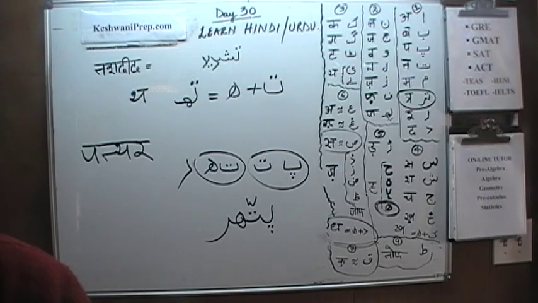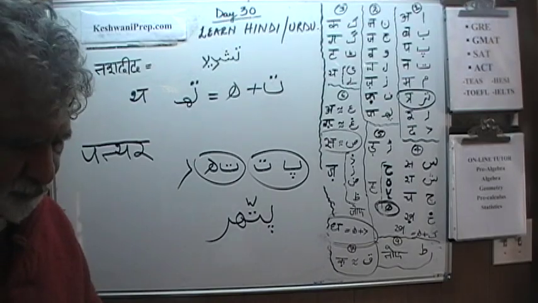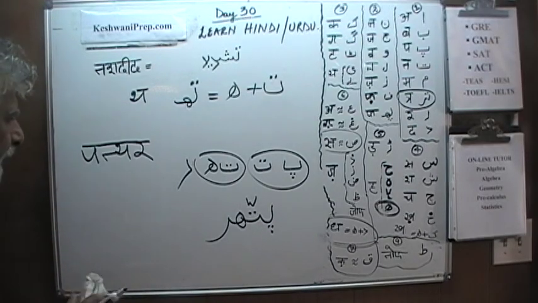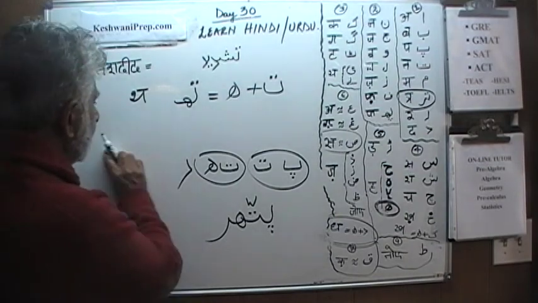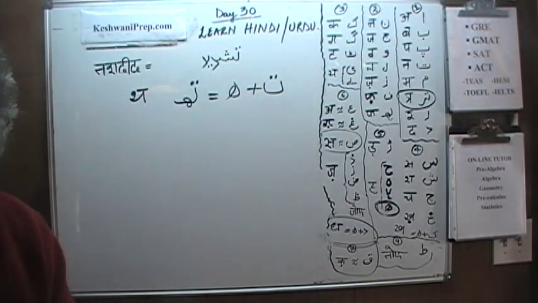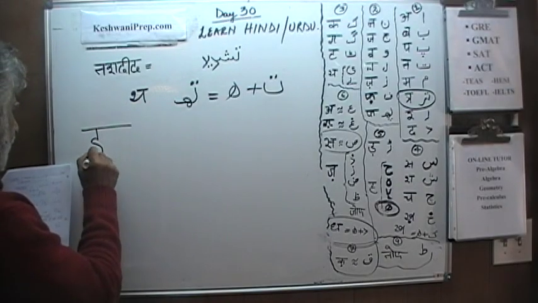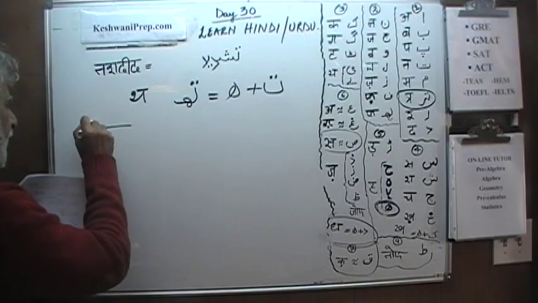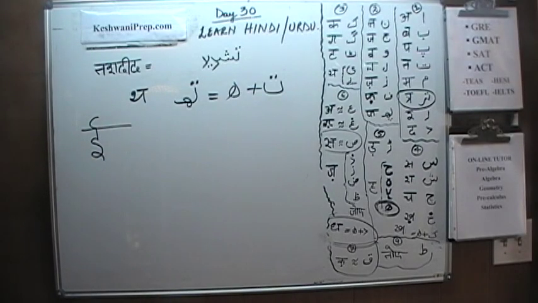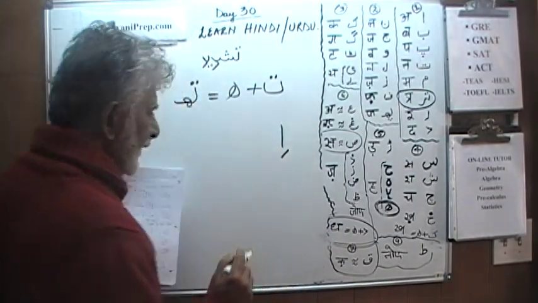Let's do one more, shall we? Where was I? Let's do the next one. Here's the next word. We have E. As you can see, it doesn't have that loop. So it's not a badi E, it's just choti E, which means it's simply alif with a zer underneath it.